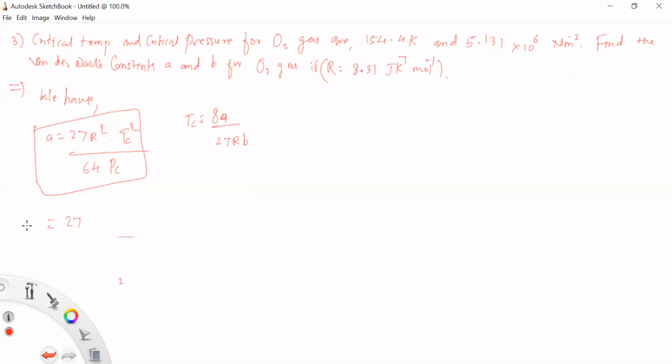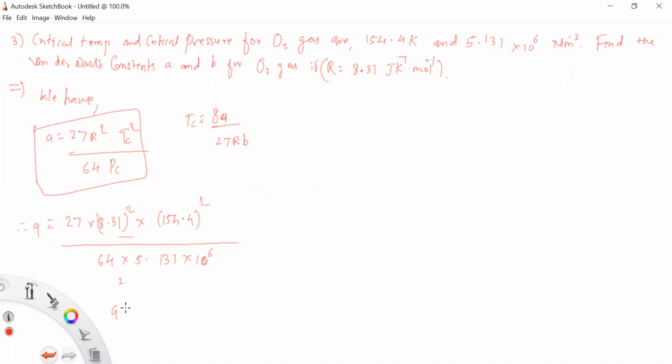Therefore, A is equal to 27 into R square, R is 8.31, so the square of this into TC, which is 154.4, squared, upon 64 into 5.131 into 10 raised to power 6.